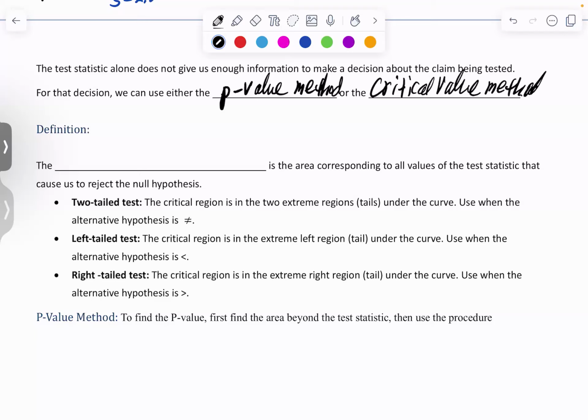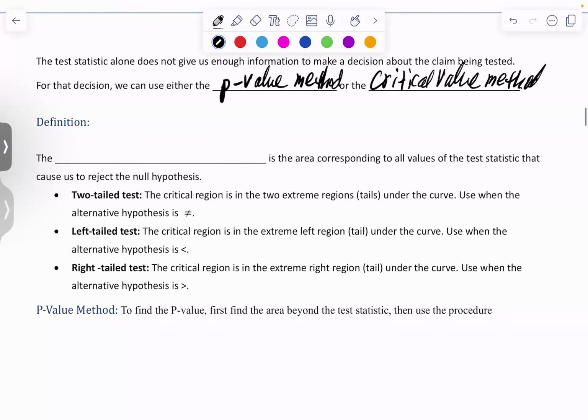Like I said, every time I'm going to do both methods, so it kind of becomes a blur. Both things should be confirmed every time. So we're going to talk about finding the critical region.